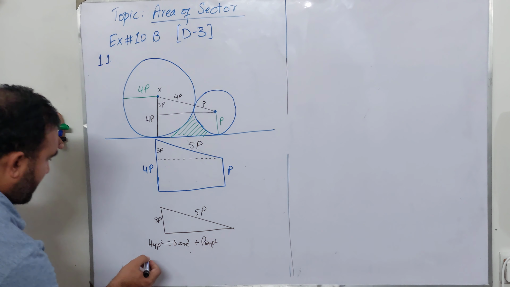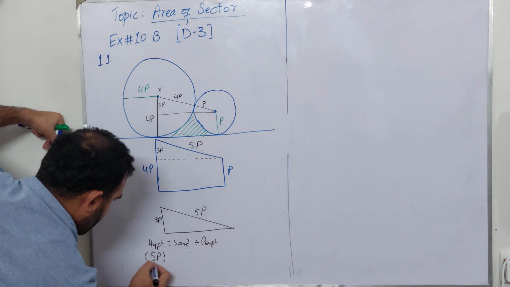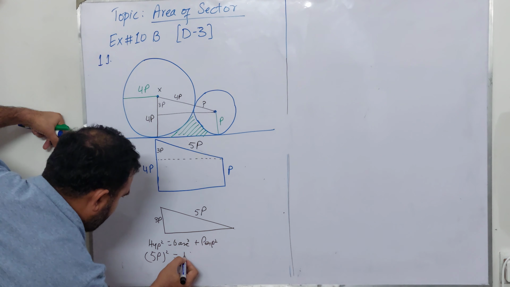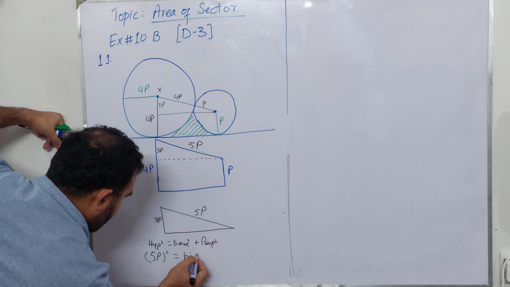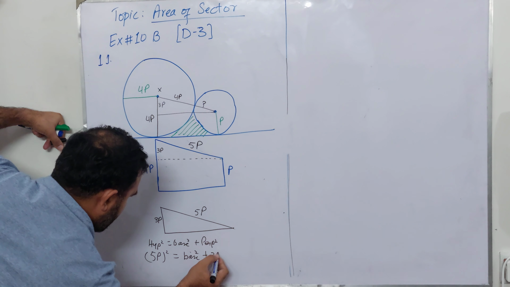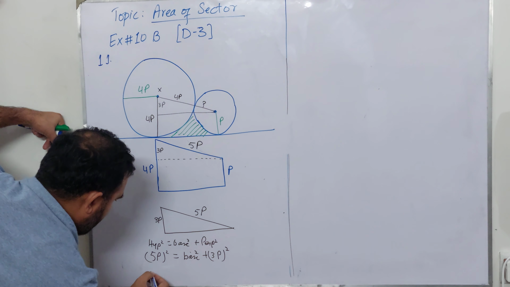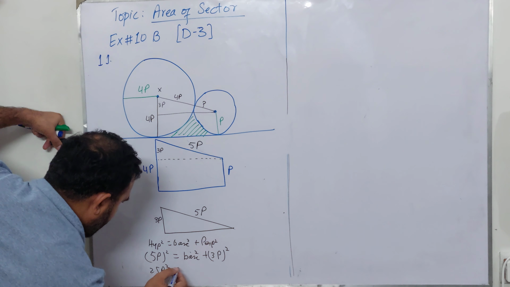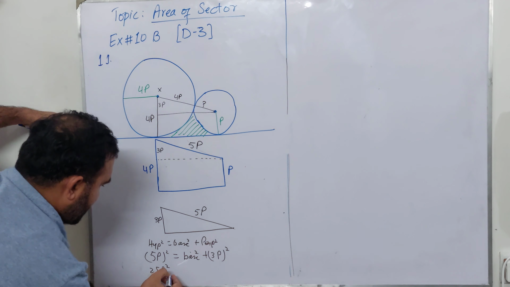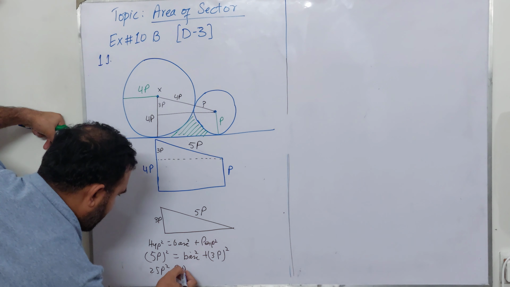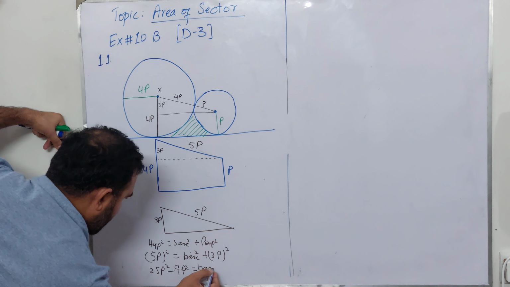So hypotenuse is 5p whole square, and base is unknown, we have to find the base, right? And perpendicular is 3p whole square. It will be 25p square, and this will be 9p square. Shift this on the other side, so minus 9p square is equal to base square.